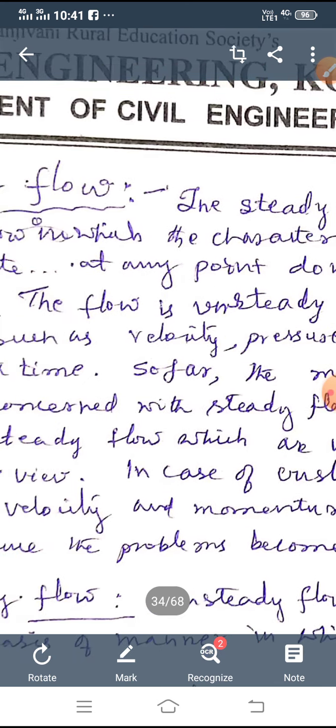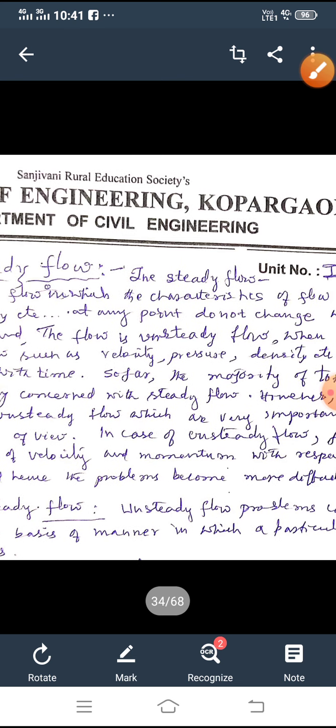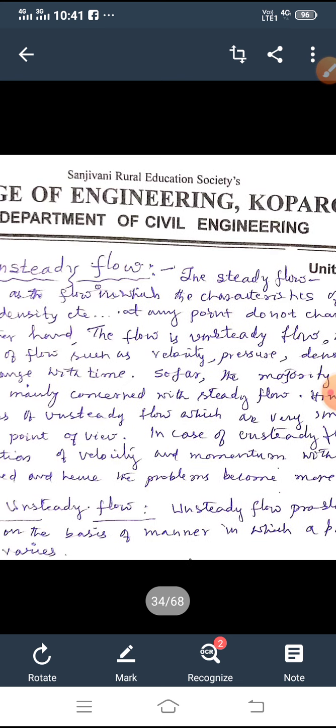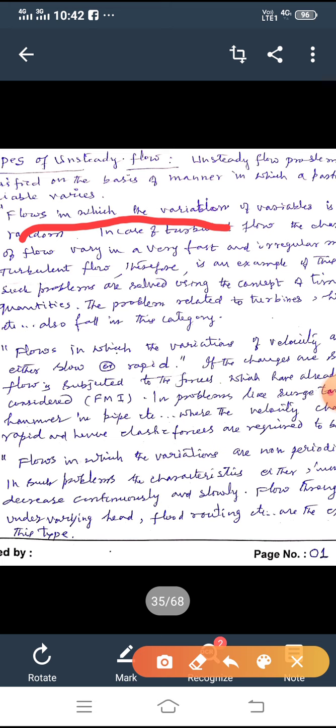Now we will see the different types of unsteady flow. Unsteady flow may be classified based on the manner in which a particular variable varies. There are 4 cases. We will see one by one. First case, flows in which the variation of variable is rapid and random.